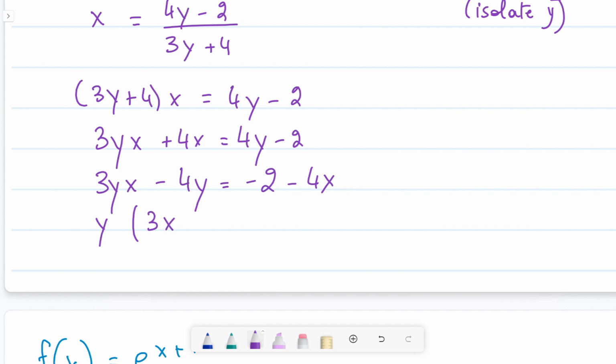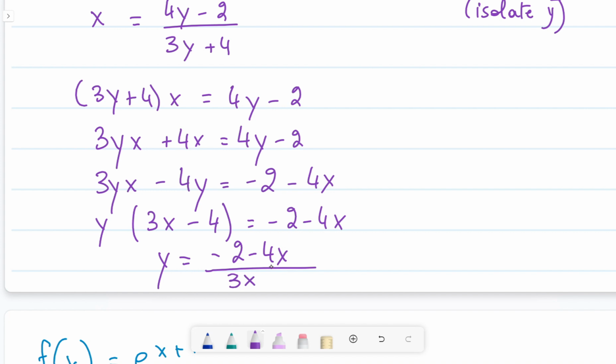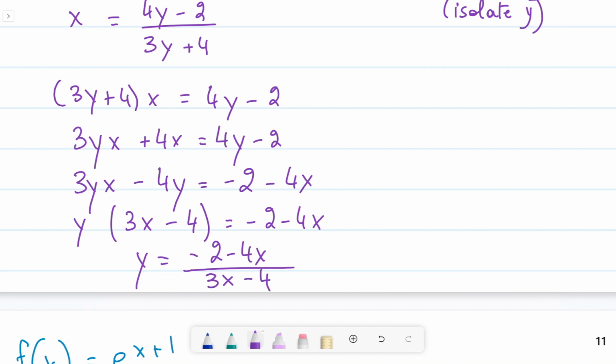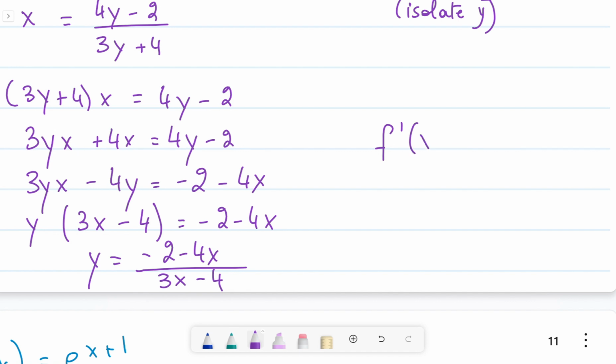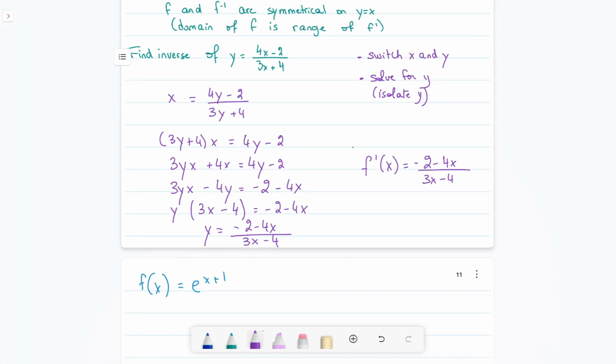And then we factor the y. Our answer is y equals negative 2 minus 4x divided by 3x minus 4. We can write this as f inverse of x equals negative 2 minus 4x divided by 3x minus 4. And this is the inverse.